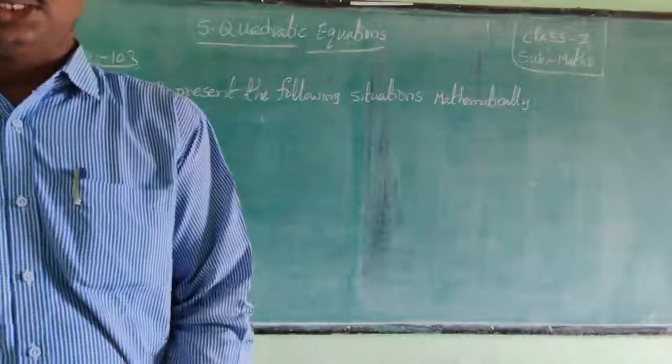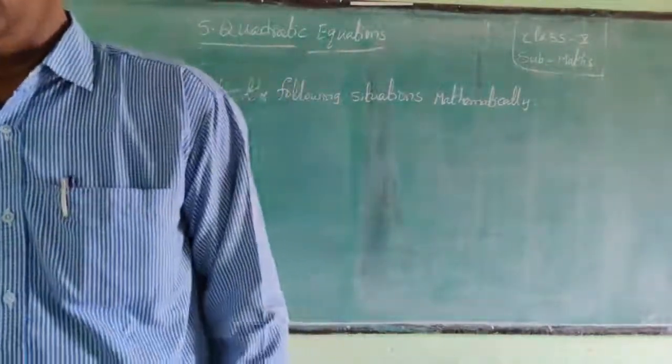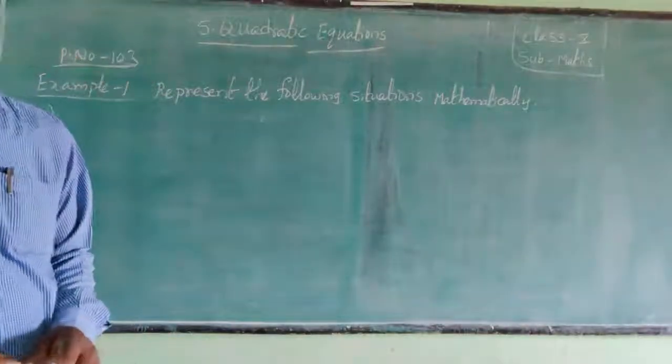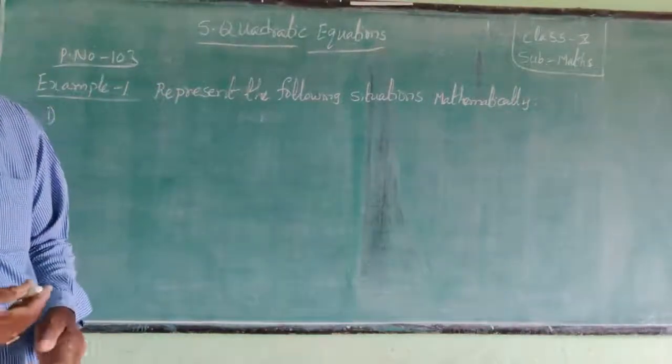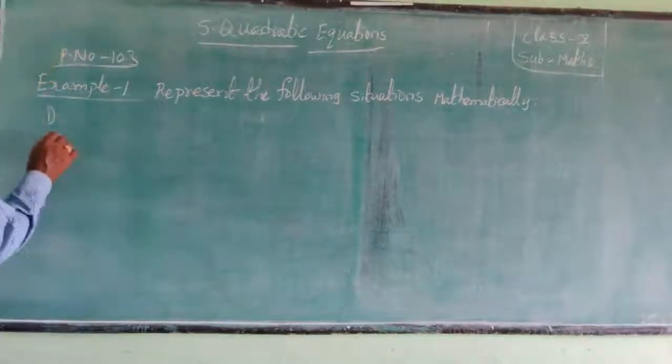Here two members are there. They are Raju and Rajender. They are having 45 marbles on both. Solution. First solution.